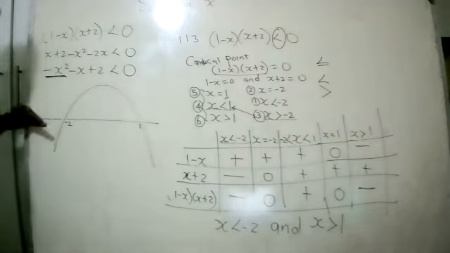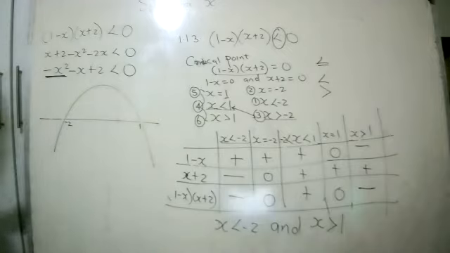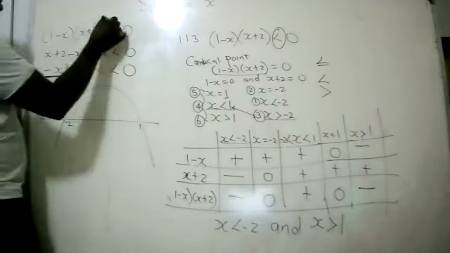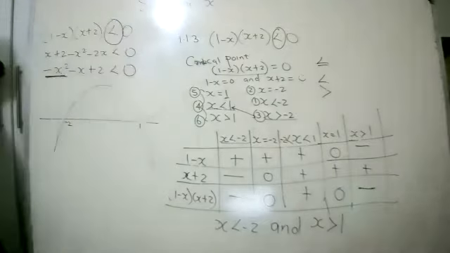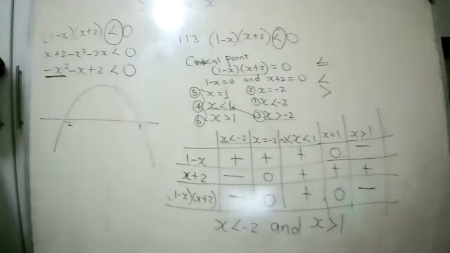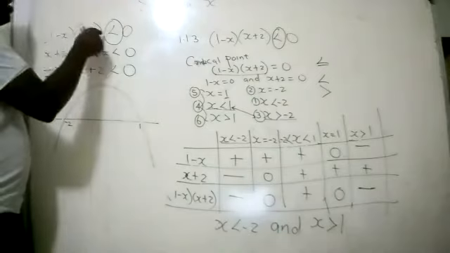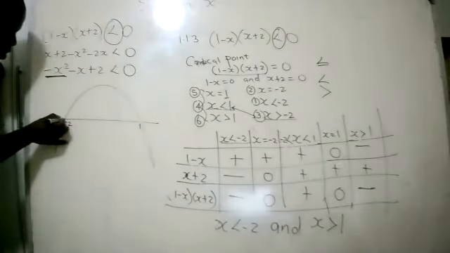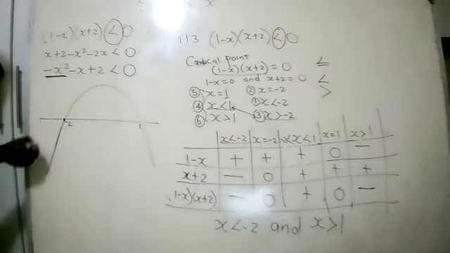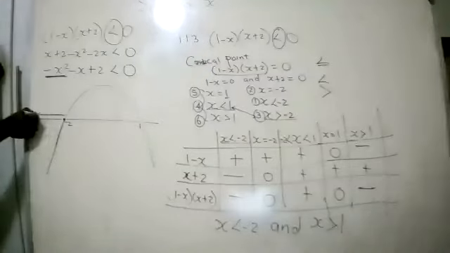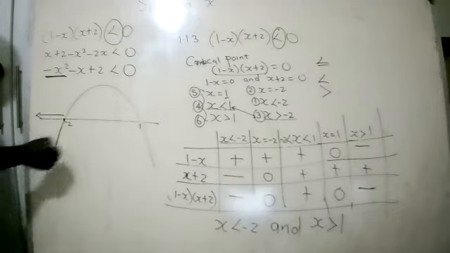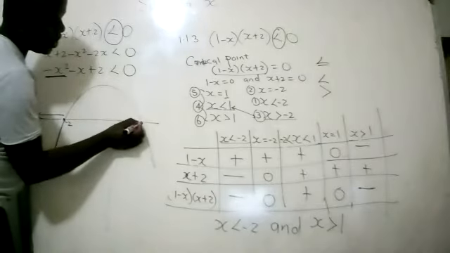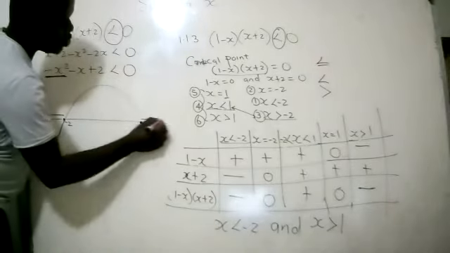So now the question will be, what are we looking for? We are looking for a portion where the graph is negative. The question again could be, where is that portion where the graph is negative? It is from here going to this direction, and again from here going to that direction.